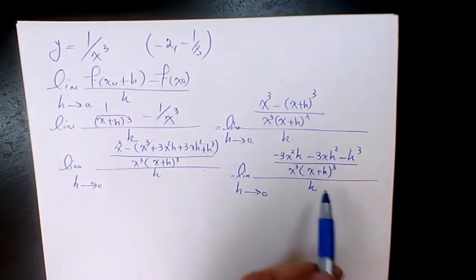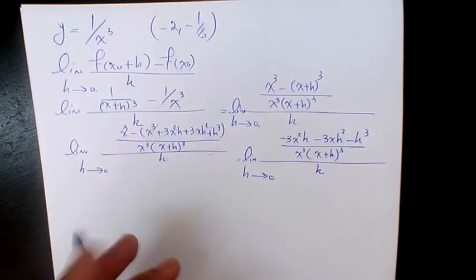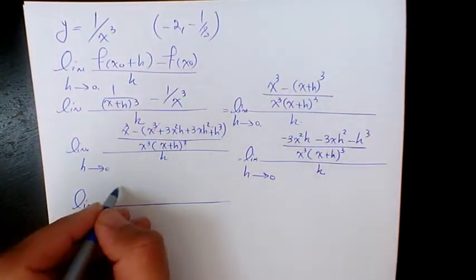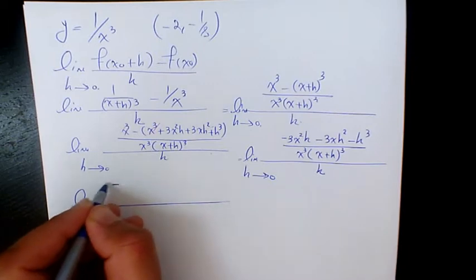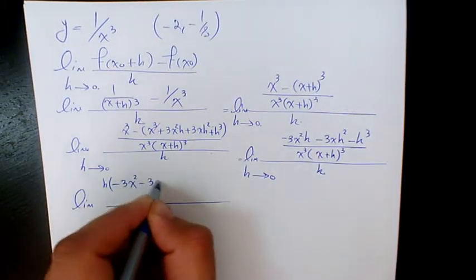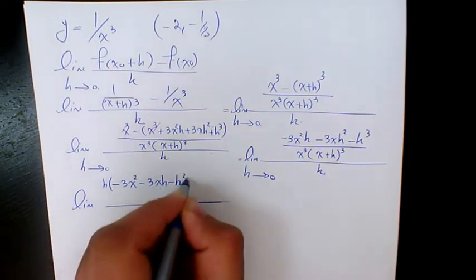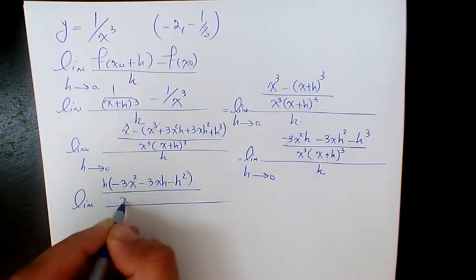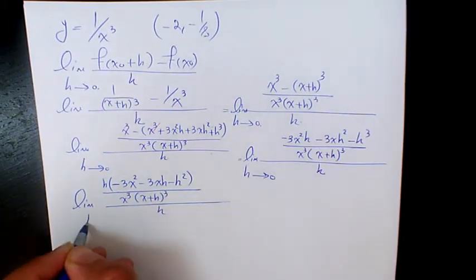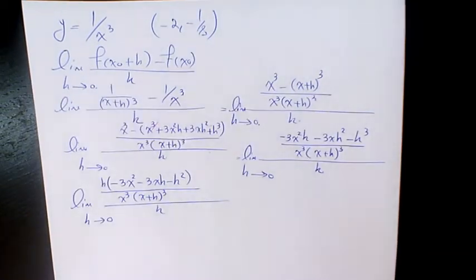Now these h's in the numerator, I can factor them. It is going to be h times (-3x squared minus 3xh minus h squared) divided by x cubed times (x plus h) cubed divided by h when h approaching 0.